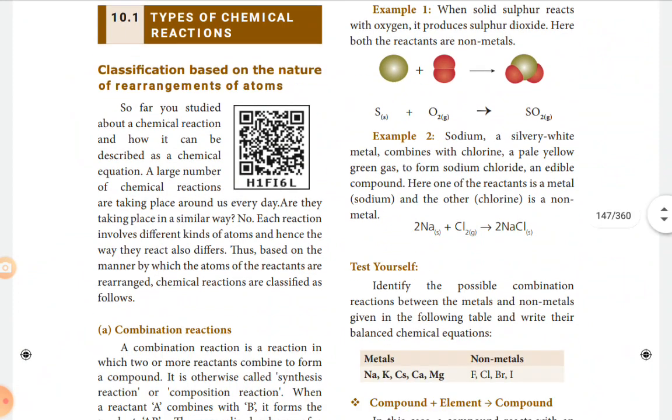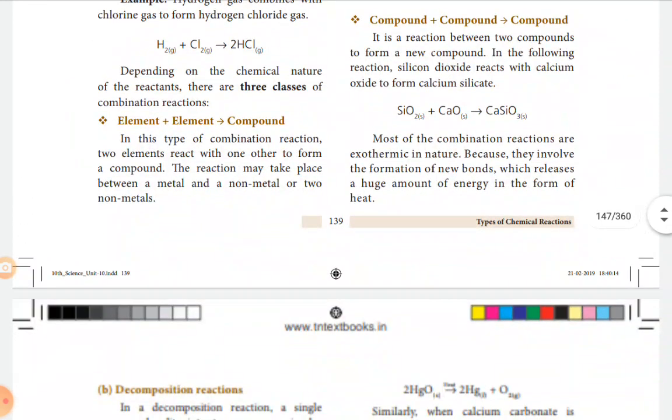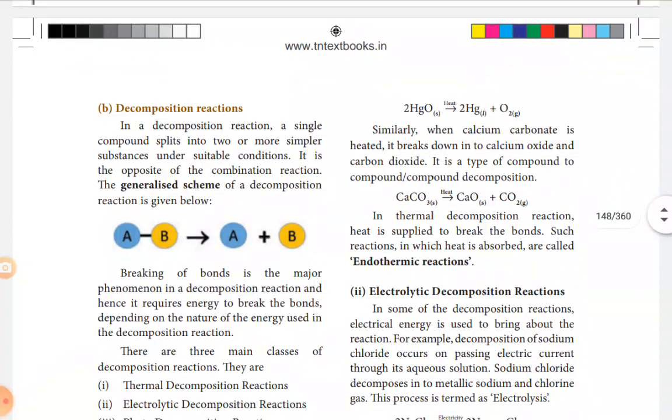And the decomposition reaction is completely opposite to the combination reaction, because in the combination reaction, two reactants combine to give a single product. But here in the decomposition reaction, a single compound splits into simpler substances. A single compound splits into two or more simpler substances.